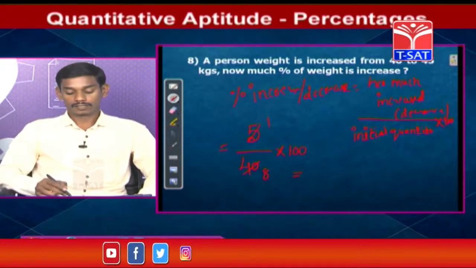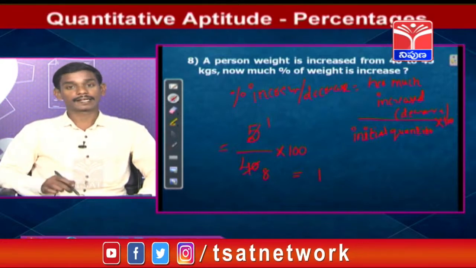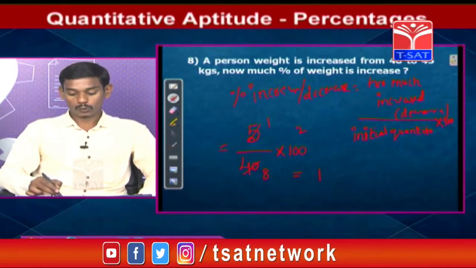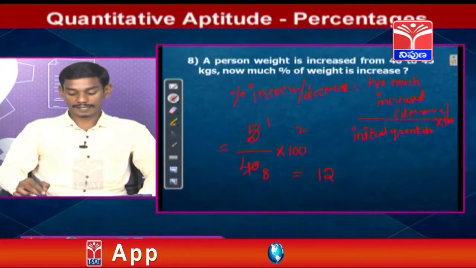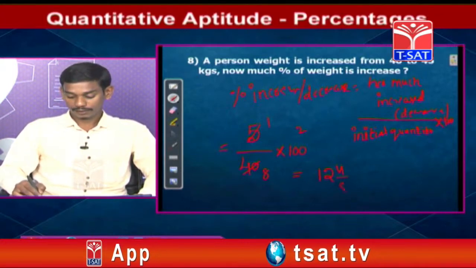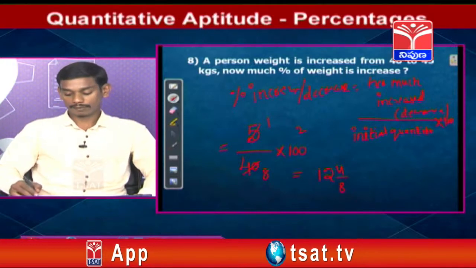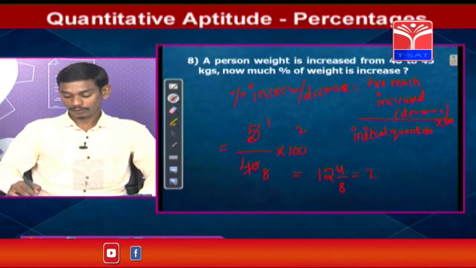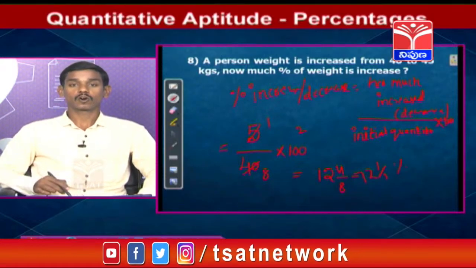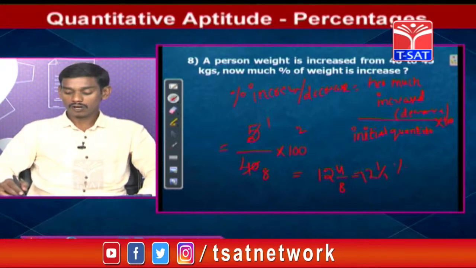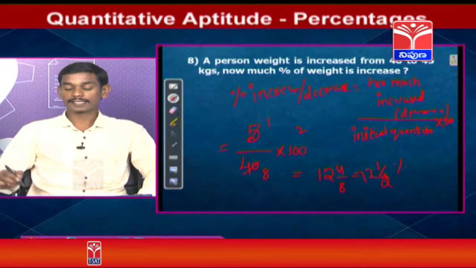First of all take 10. So 8 1 ja 8 and 2 is there. 2 0. 8 2 ja 16. What is the remainder? 4 by 8, that is equal to 12 1 by 2 percentage. So how much percentage is the weight increased? 12 1 by 2 percentage is the weight increased.